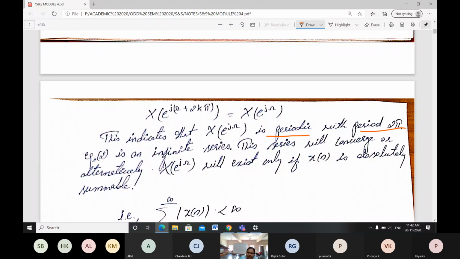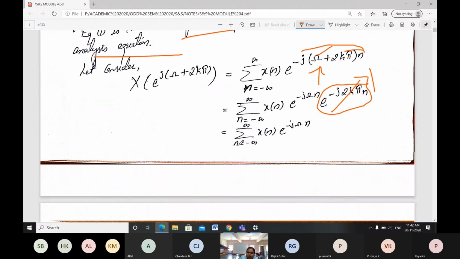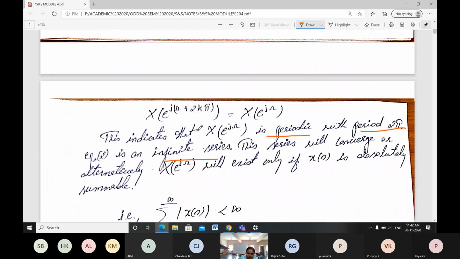Equation 2 is an infinite series, because it varies from minus infinity to plus infinity. This series will converge, or alternatively X of e raised to j omega will exist, only if x of n is absolutely summable.